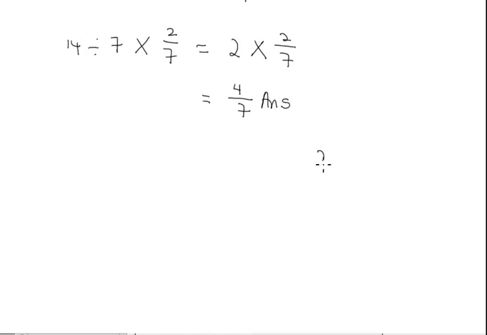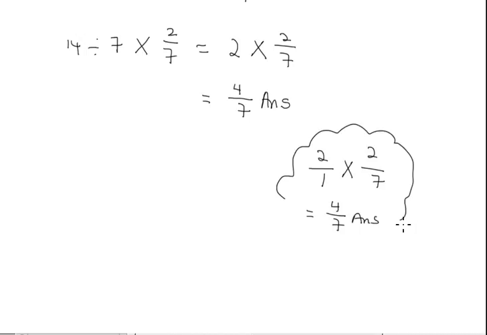Yeah, this is the same as 2 divided by 1. And then I copy back my multiplication sign, 2 divided by 7, right? Times 2 divided by 7. And this is equal to the numerator times the numerator, top and top. So it's 4 over 7, and that is the answer. So this might be clearer to some people. This is the end of presentation for this part.